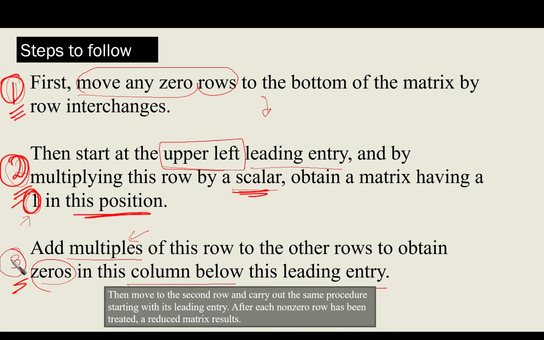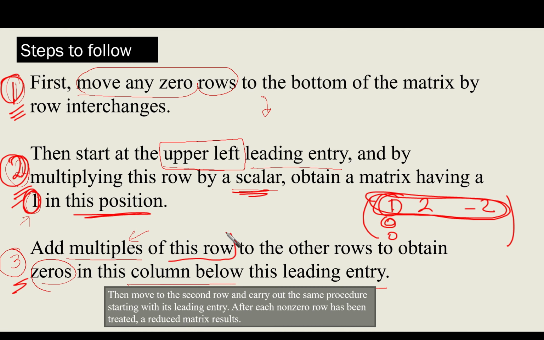And number 3, add multiples of this row, which is the leading entry. If you have, for example, 1, 2, minus 2 as the leading row, then this row is already qualified. Then use it if you want to get some other zeros underneath. Add multiples of this row.